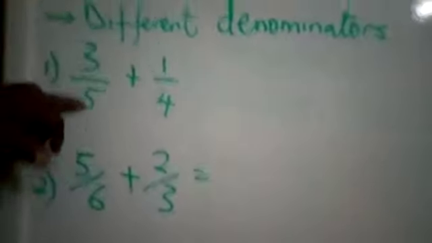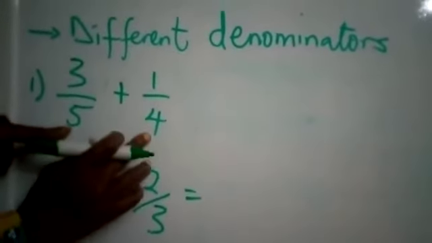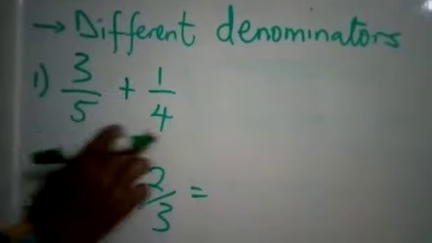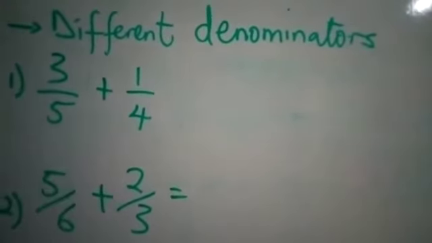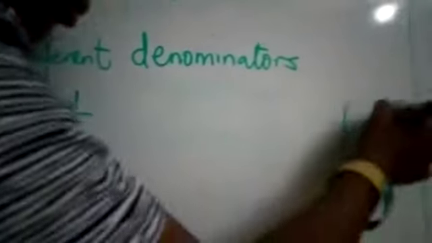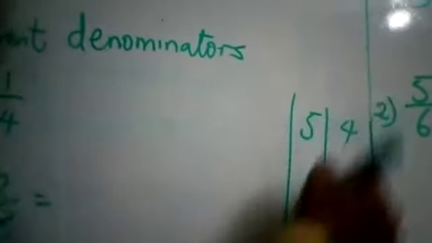Here we have 3 over 5 plus 1 over 4. Check out the denominators, they are different, 5 and 4. Looking for the lowest common denominator, let's go to a secret corner. And then we solve. This is our 5 and this is our 4. What can go here? We look for the lowest factor.